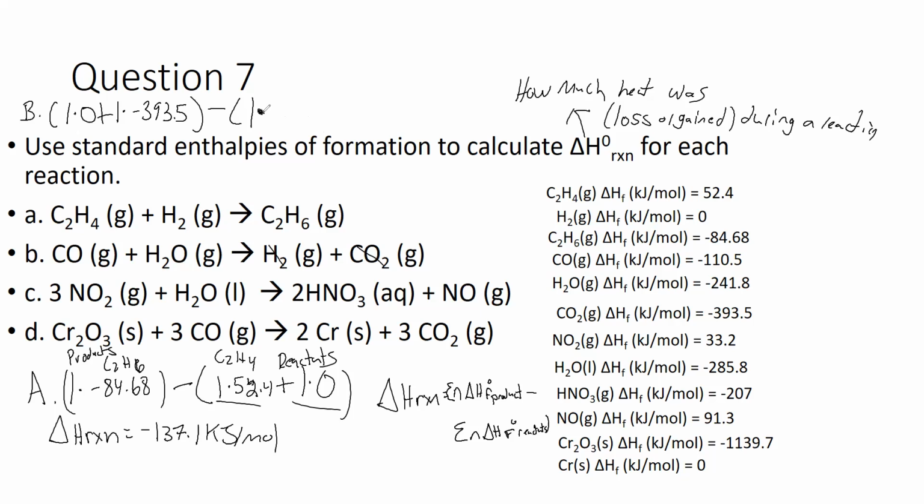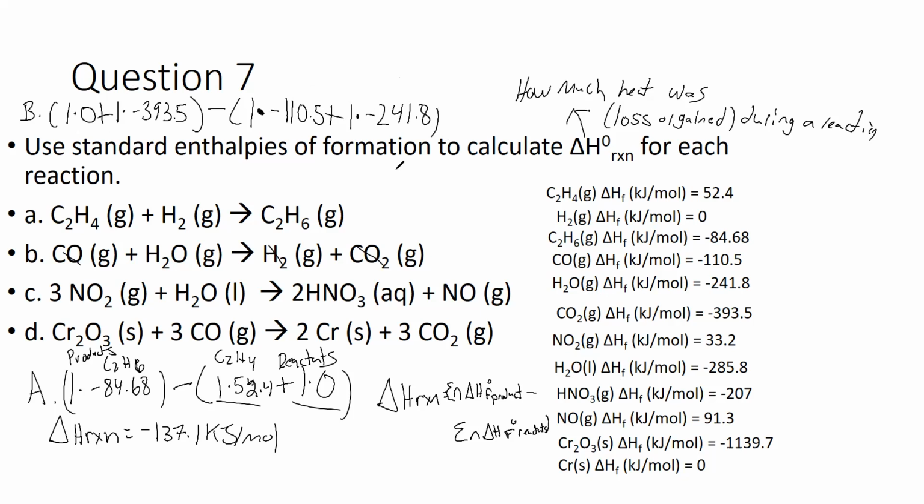So 1 times negative 110.5. Whoops, did not mean to put the parenthesis there yet because I need to do an addition, plus H2O gas. So 1 mole of H2O gas multiplied by the delta H formation of H2O gas, which is negative 241.8, close parenthesis.